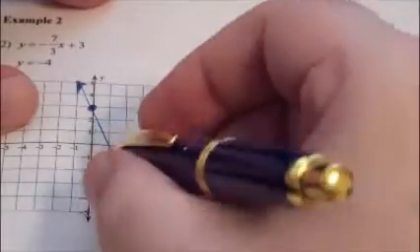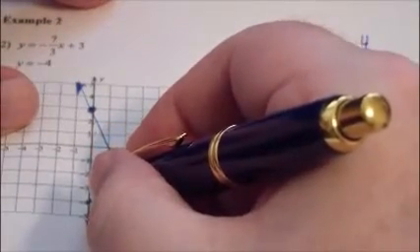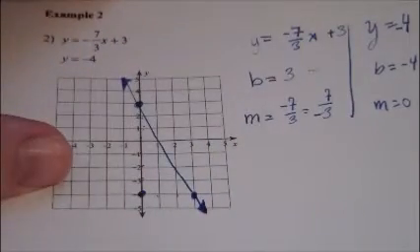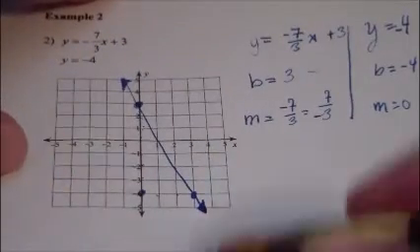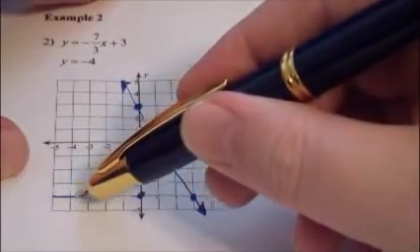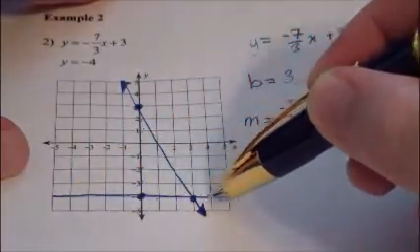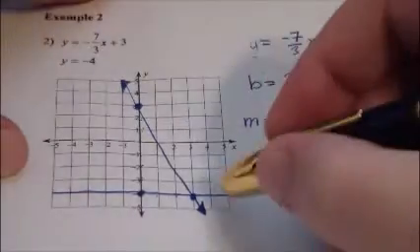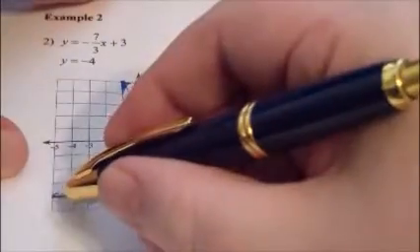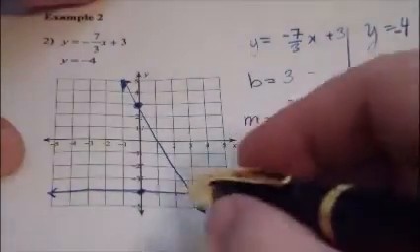So negative 4, y-intercept. That means we put a little dot on negative 4, then we draw a line all the way across. Arrows. And our solution is right here.